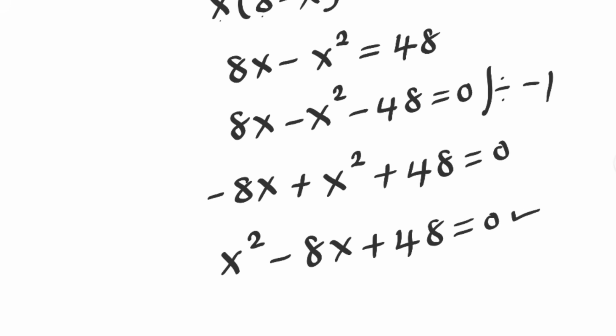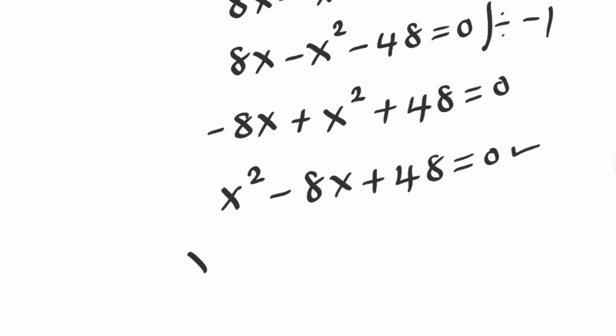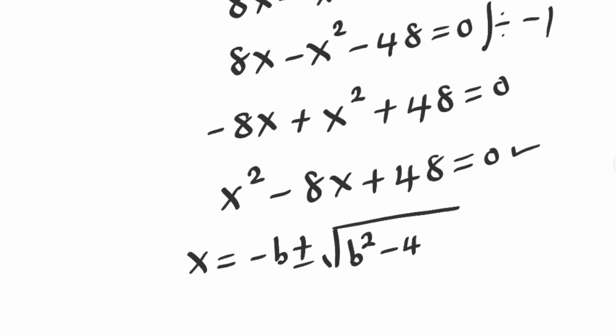Let us solve this using the quadratic general formula. x is equal to minus b plus or minus square root of b squared minus 4ac, divided by 2a.